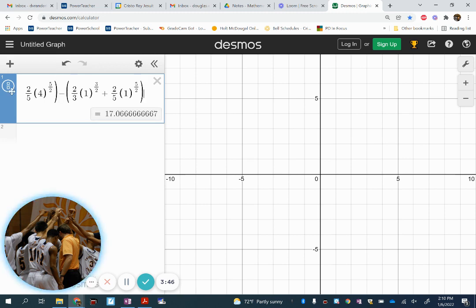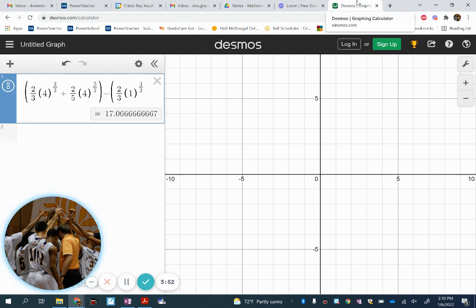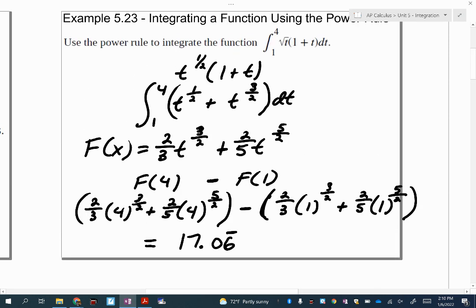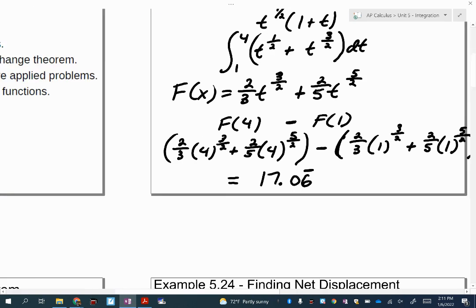You can write it as a decimal if you want, or as a fraction. 256 over 15 is the fraction, and 17.06 repeating is our decimal. So that's going to be it for our first one. That is the area under the curve of this function between 1 and 4.